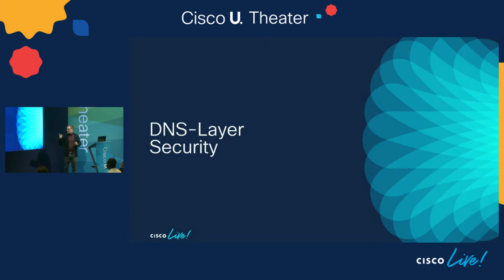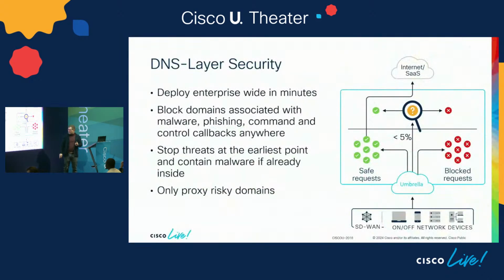And first Umbrella feature we're gonna take a closer look at is this DNS layer security. So DNS is first step when connecting to the internet in nearly all situations. So whenever I click a link, I type a URL in my browser, this request will go to DNS recursive service to look up the IP address, right?